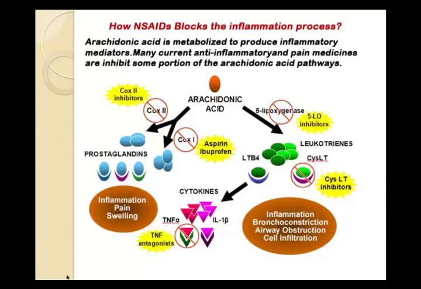On the other side of this diagram, remember the lipoxygenase pathway essentially drives leukotriene synthesis, and leukotrienes essentially govern cytokine release, leading to inflammation, pain, and swelling, but also in the disease states of asthma, COPD, infiltration of cells within the respiratory tract. You know, these are all of these different drug classes that are essentially related to combating inflammation wherever it is in the body.